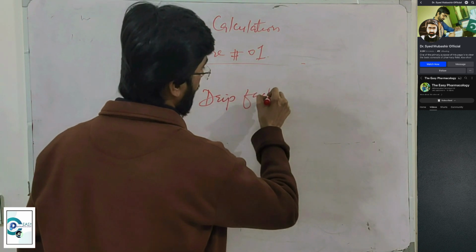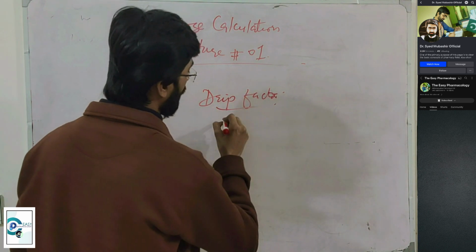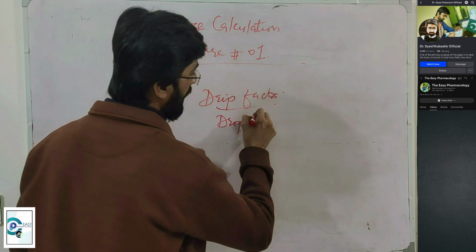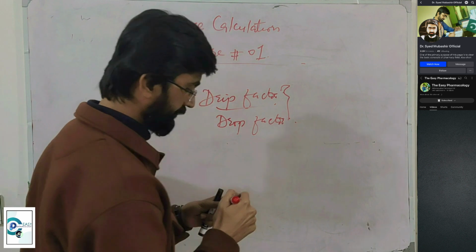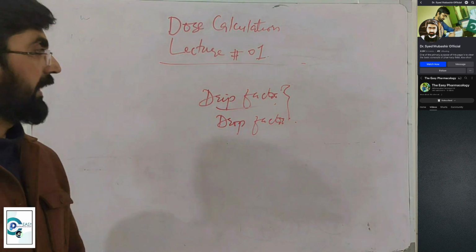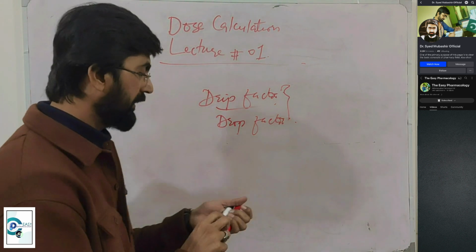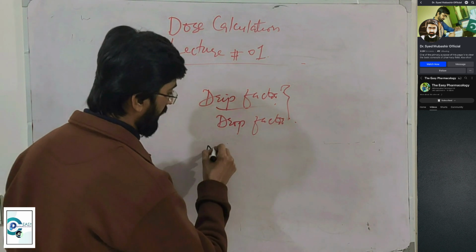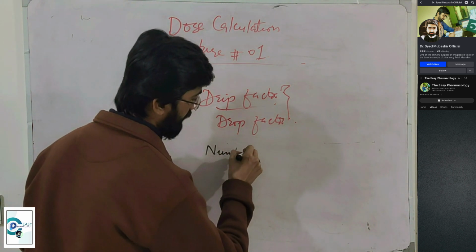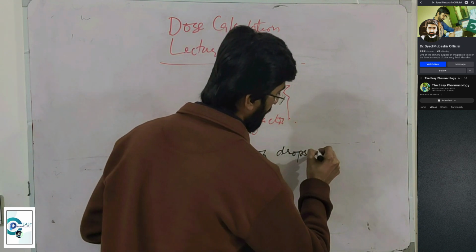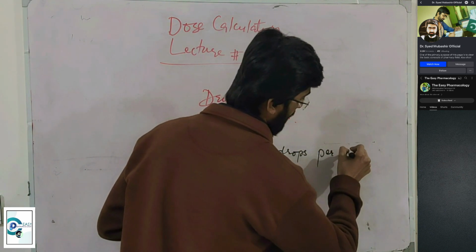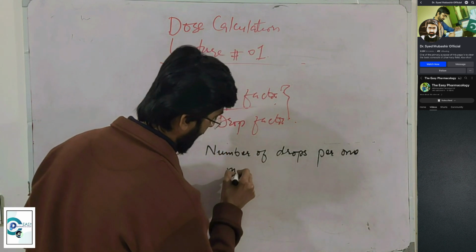Drip factor. We also call it drop factor. Okay, what actually is this? Actually, this is the number of drops per 1 ml.